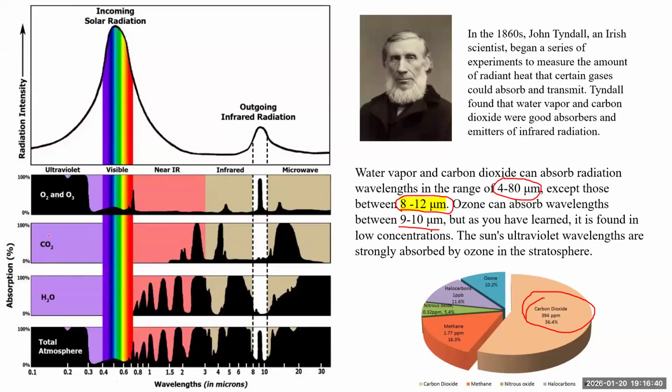So here we understand, we can see carbon dioxide. Black means it will absorb heat, the outgoing infrared radiation from the Earth. And water vapor is the first greenhouse gas. We can see the black region is where all the infrared radiation will be blocked by the water vapor in the atmosphere.